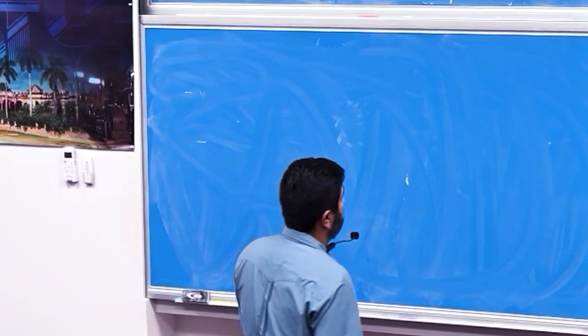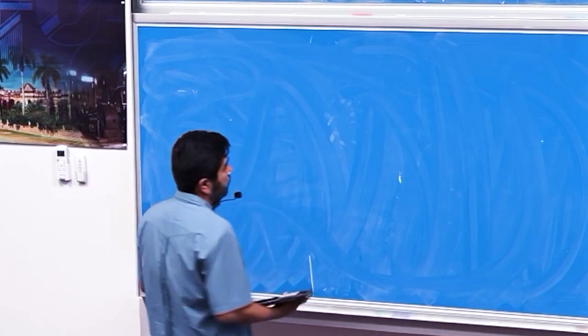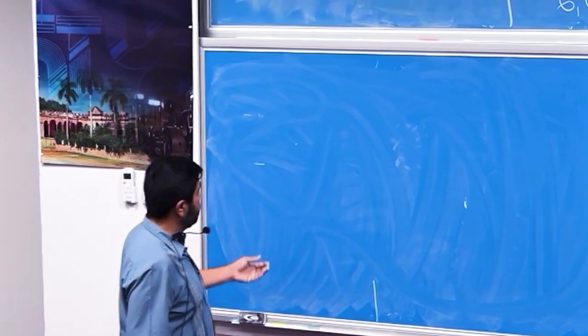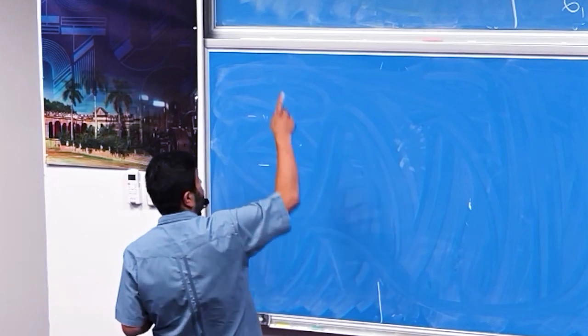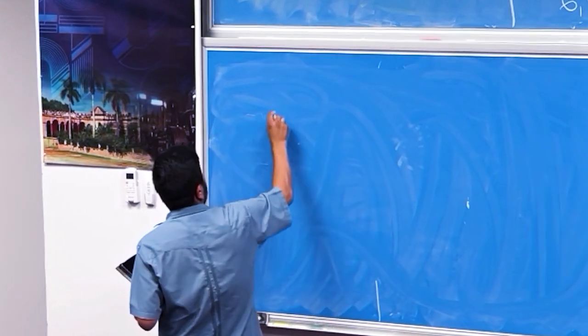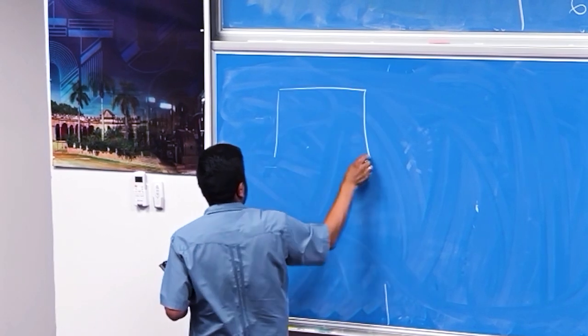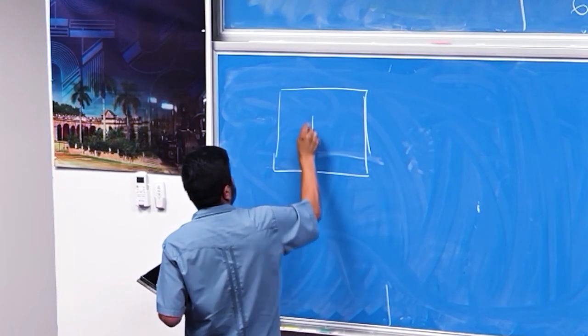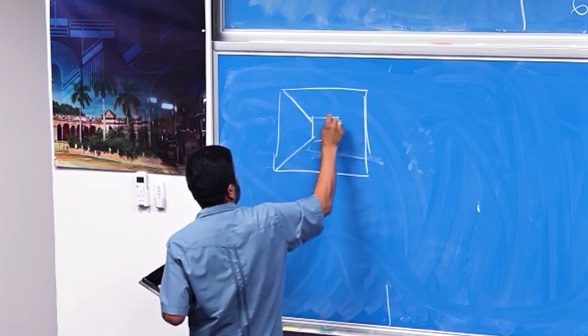So what I need is something that whenever I take the boundary, it becomes 0. Well, I need to draw it back here. Well, I can just refer to the drawing.